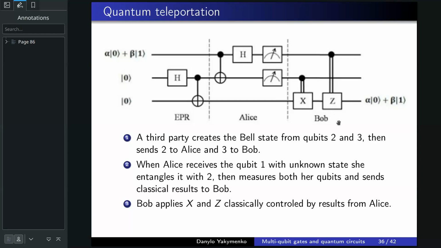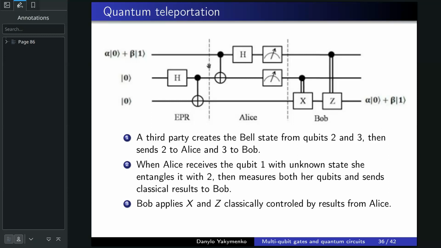And in fact, the end result of this whole circuit will be such that the state of this third qubit will be disentangled from these two, and it will be exactly in this state as it was here. And so that's why we call it teleportation.